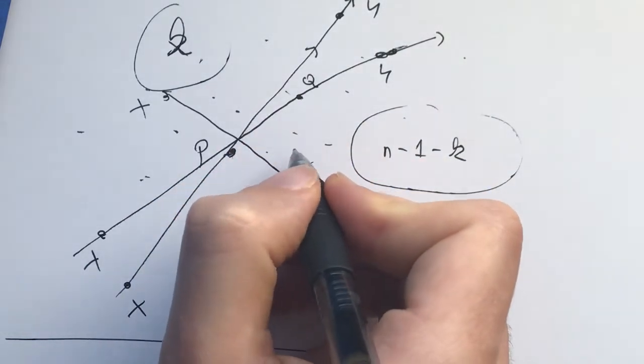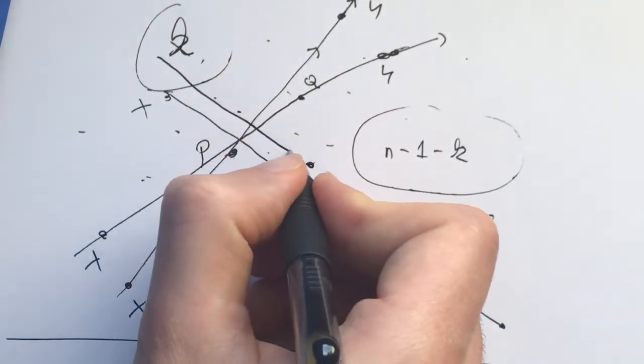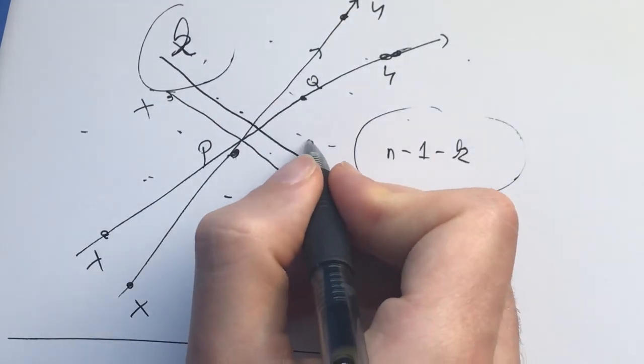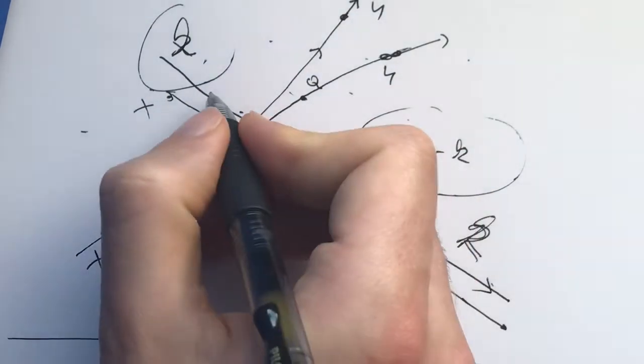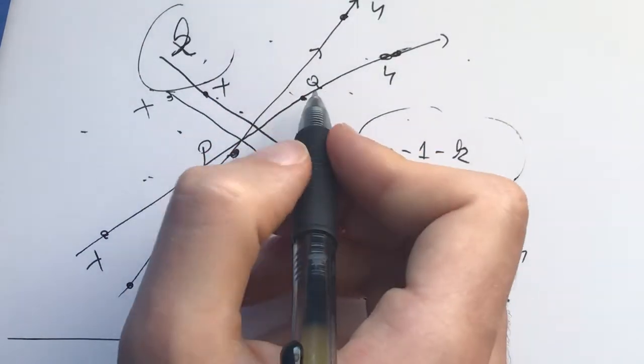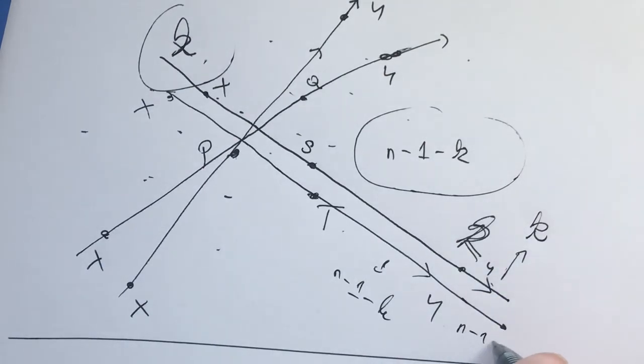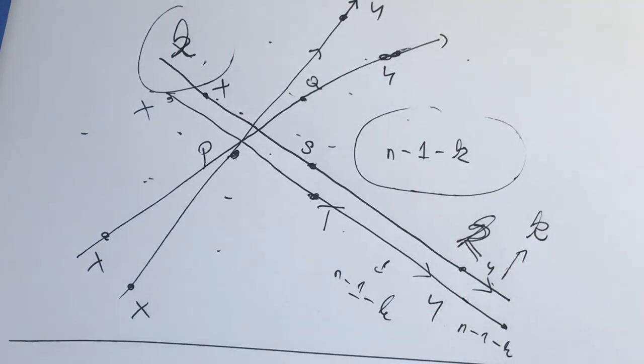Now what happens if it's not on T, if it's on some other point at this angle? Say we call the point S. When it's on S, xy has k points on the left and n minus 1 minus k points on the right. Can this be the case?